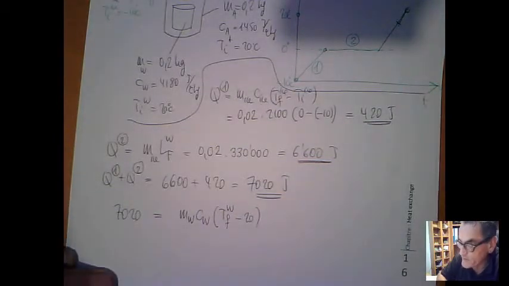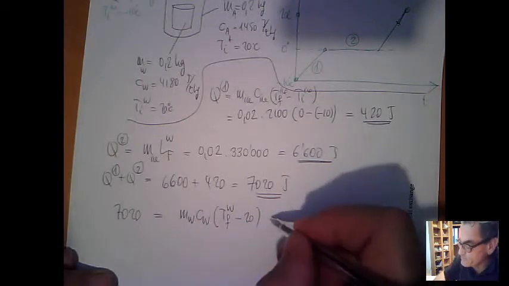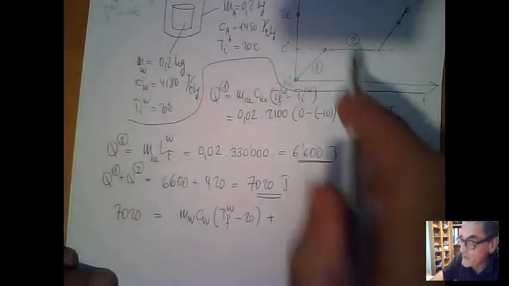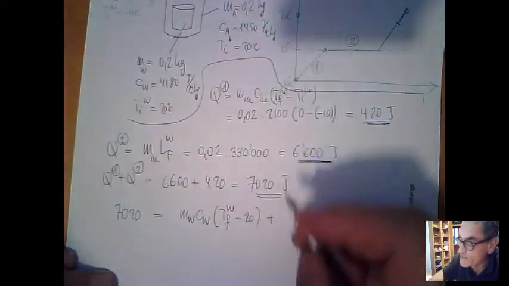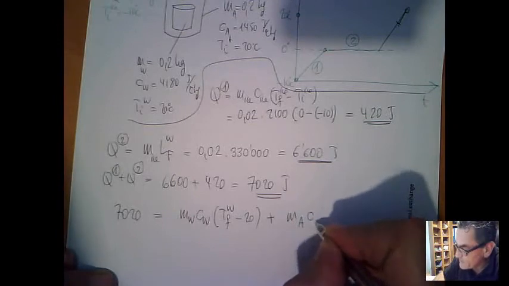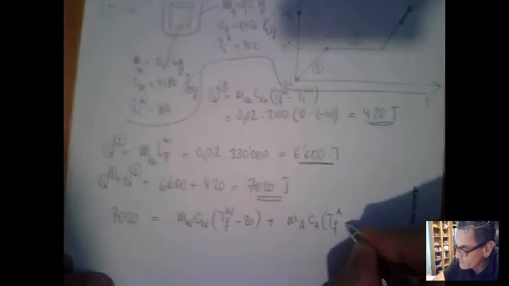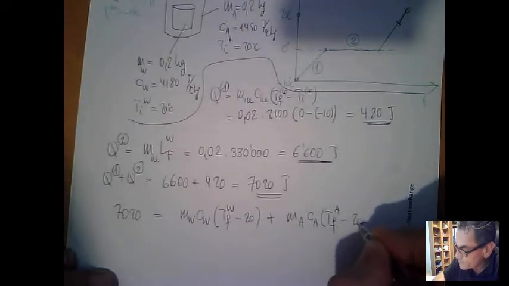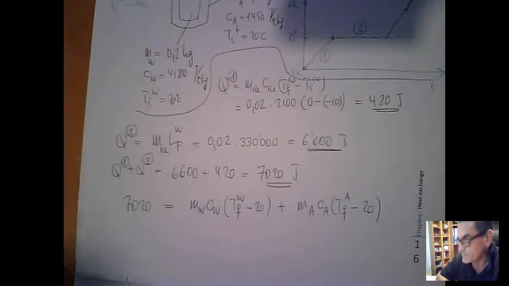This we know, it's 20. This is the energy which is going to be given by the water. But the glass is also giving us energy. So we have the mass of acrylic times the C of acrylic times the final temperature of acrylic minus 20, which is the initial temperature of acrylic.